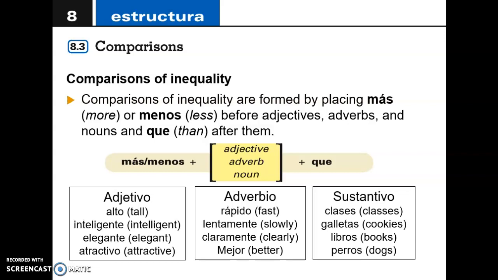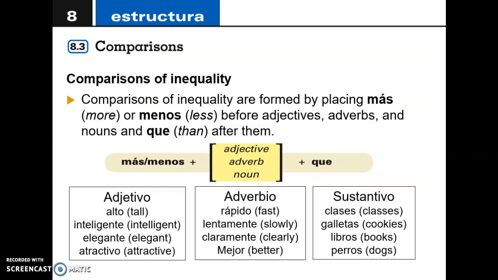So just to make it a little bit easier for you, I made a list of adjectives, adjetivos, adverbs, adverbios, and sustantivos, nouns. And we are going to plug them in here, right? For example, más alto que, taller than. Now pay attention here. In Spanish, this is the only way that we do comparisons.